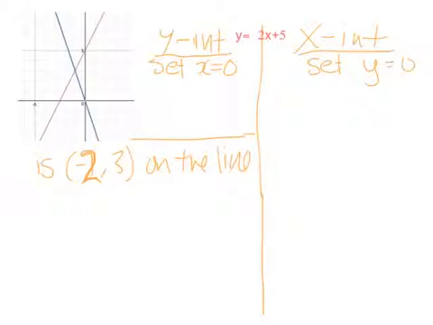So let's say in a question, we have not been given this graph, we have not been asked to draw it. All we're given is this right here. None of this. The only reason I'm leaving this here is to show you that it works. But really, you're only given this, and now you have to find the y-intercept, the x-intercept. You have to find out whether this is on the line, and all you have is that equation right there.